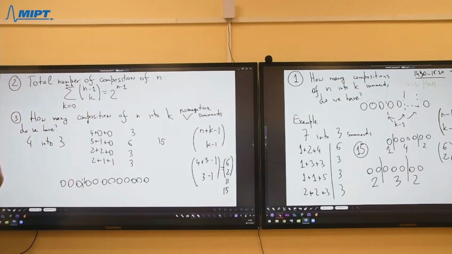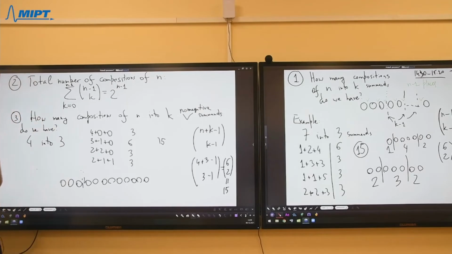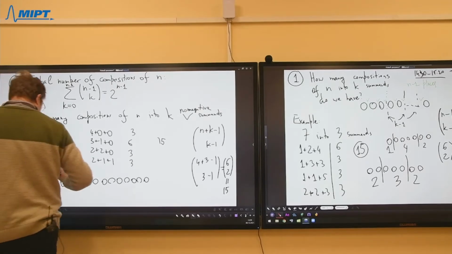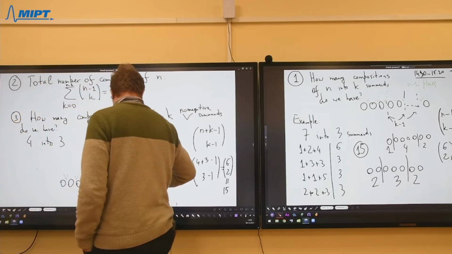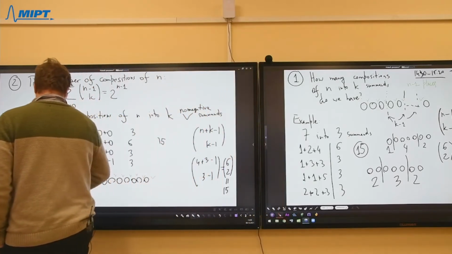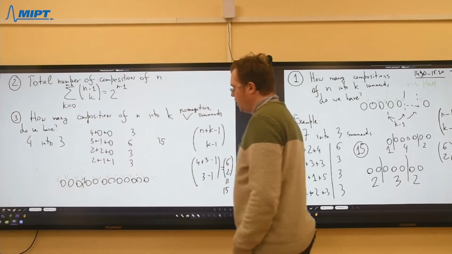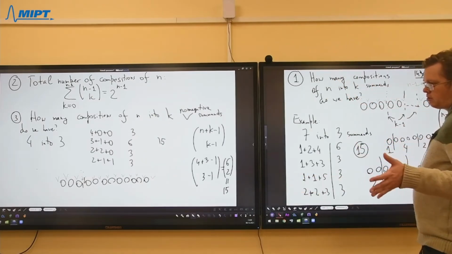And so we can put them before all balls, after all balls.